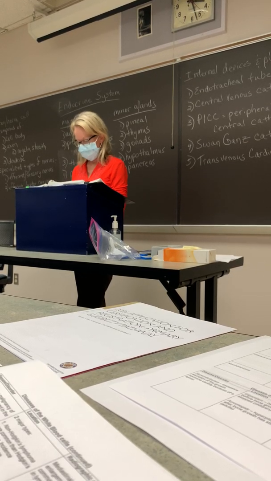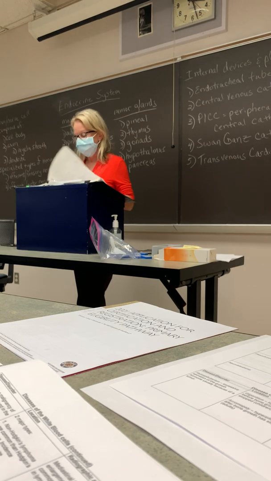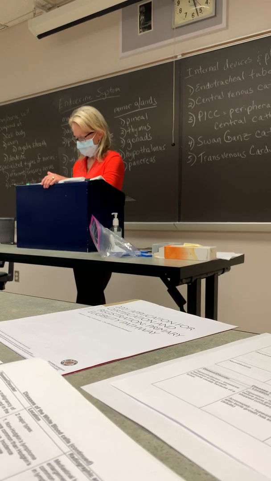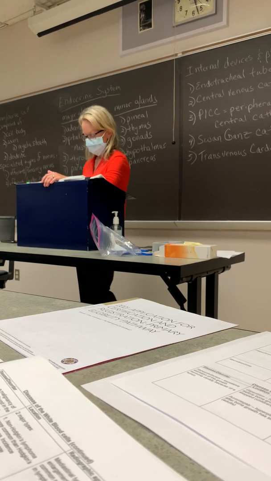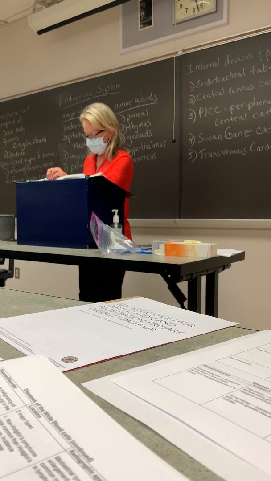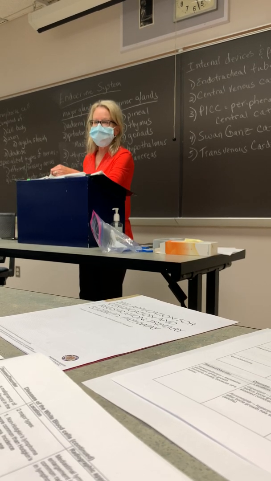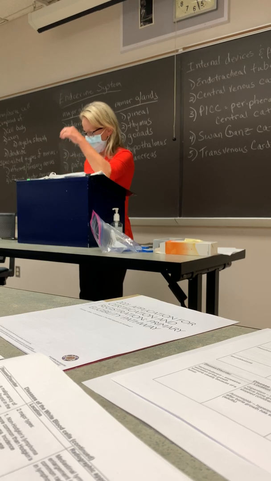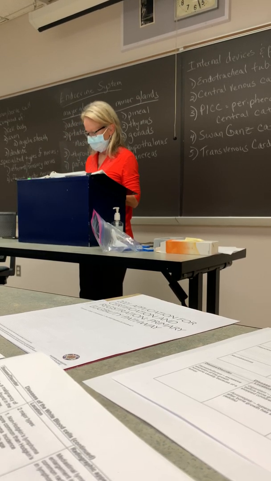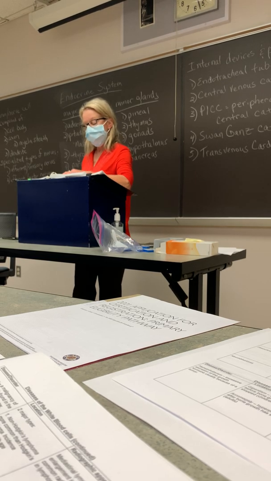Non-Hodgkin's and Hodgkin's. Don't worry about radiographic appearance. Next one is infectious mononucleosis. That is a viral disease of the lymph system. That's all I want you to know about that.